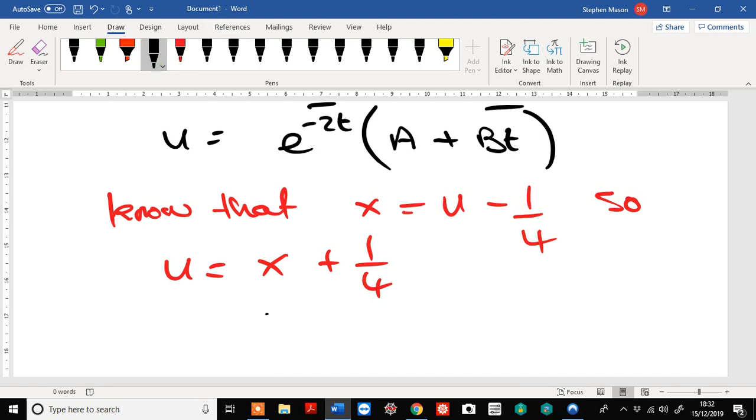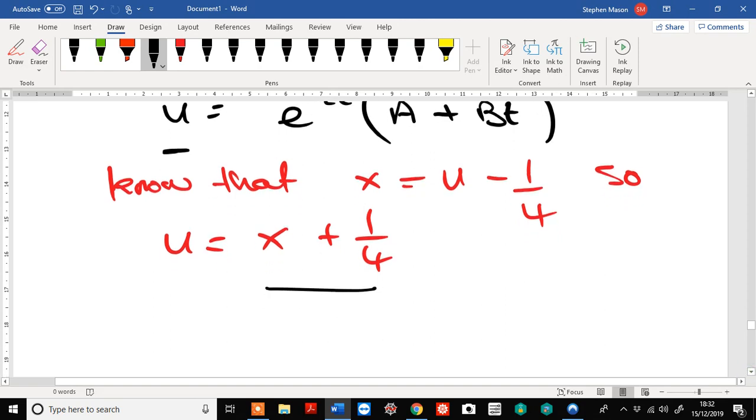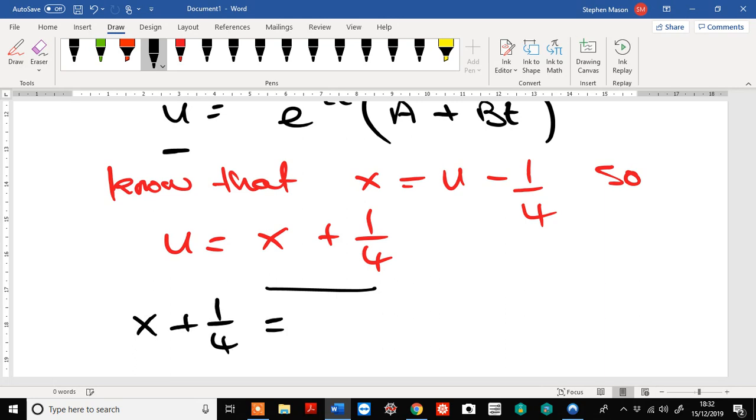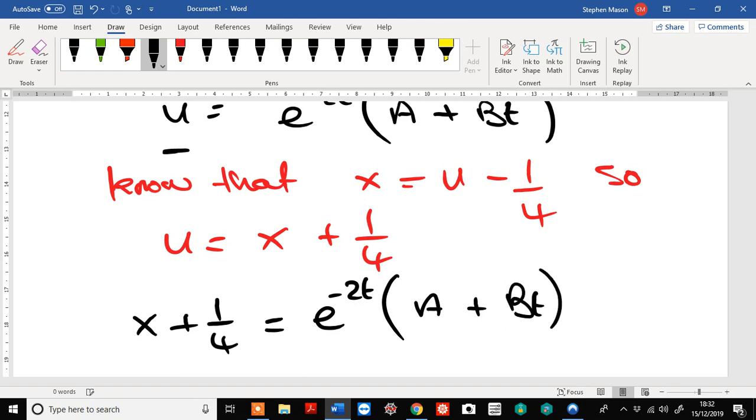If we substitute x plus a quarter in for u here, we get x plus a quarter equals e to the -2t times a plus bt.